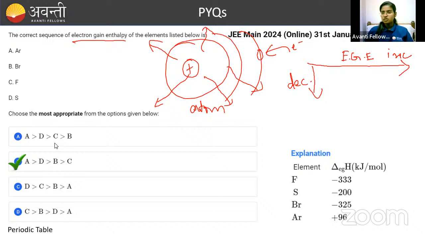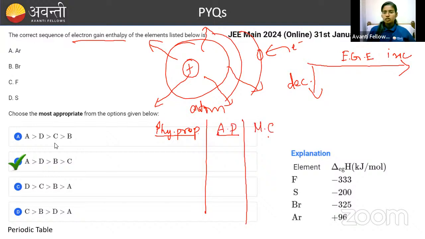Clear for all of you? So what are the four physical properties which we have discussed in the last four questions? The physical properties and their trend, across the period and on moving down the group.